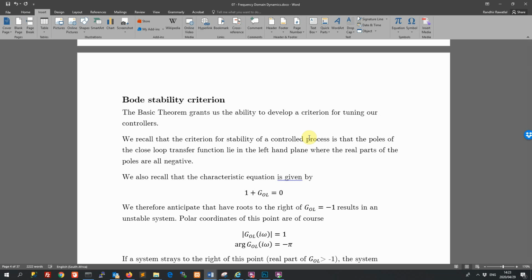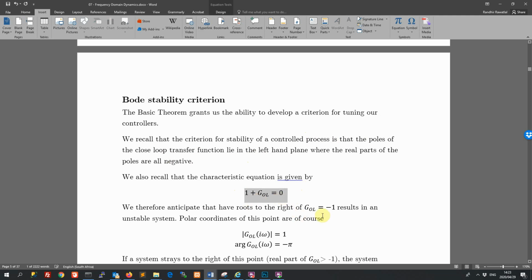Given that we have this basic theorem now, we recall that our stability requirement is that the poles of our closed loop transfer function must all have negative real parts. We got the poles by solving this equation. We said the poles were the zeros of this equation.